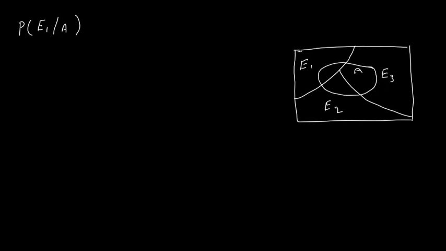Now if we use conditional probability, then it is something like probability of E1 intersection A divided by probability of A. Now here I am going to use 2 theorems.